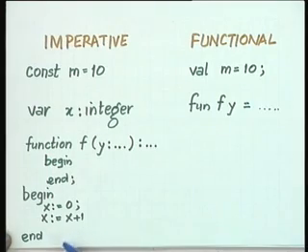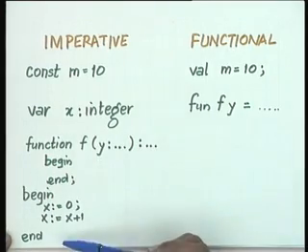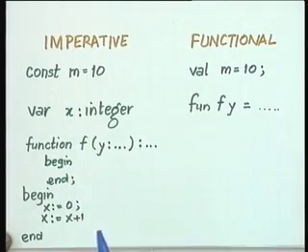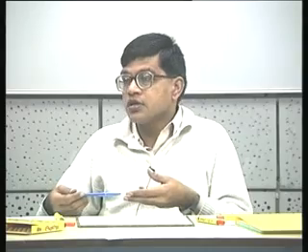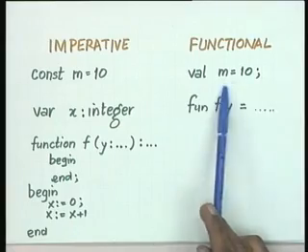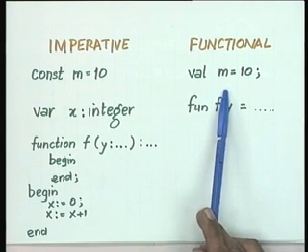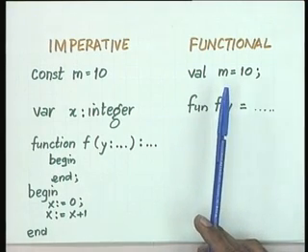So what remains constant in an imperative program is only the name location binding; the location value binding keeps changing constantly, right. So the notion of a variable in a functional language is really the notion of a variable in mathematics, which is really something that does not vary over time.